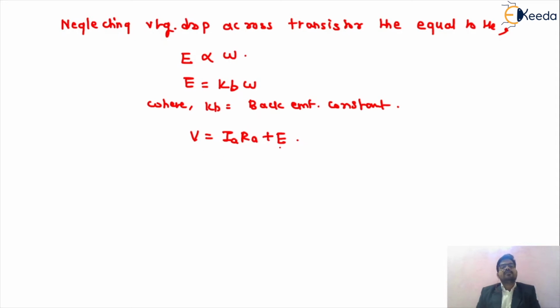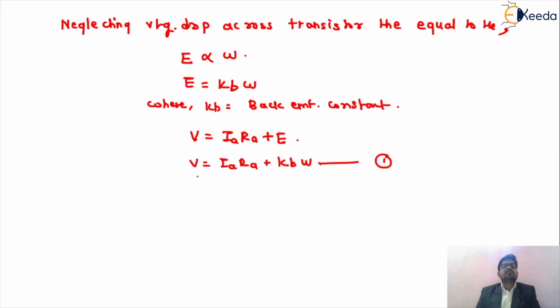Now we insert the value of E into this equation. So V is equal to IA RA plus Kb into omega, where Kb is the back EMF constant and omega is the angular velocity. Friends, this is the voltage equation, which we call equation number one.